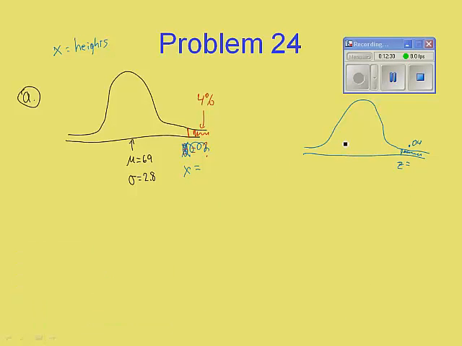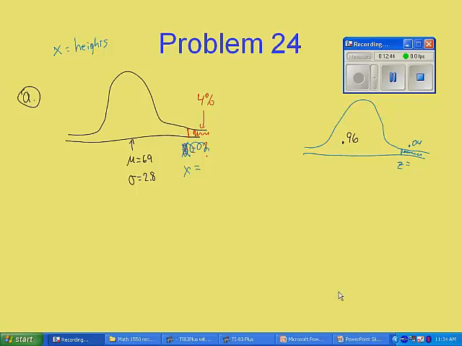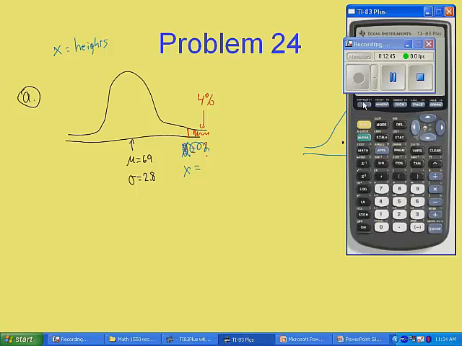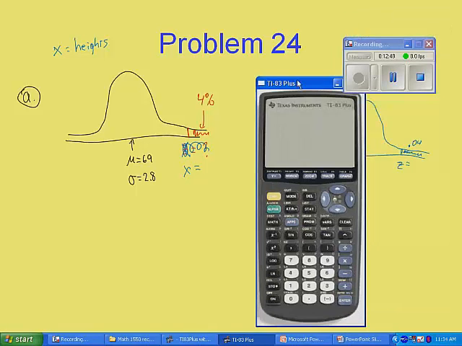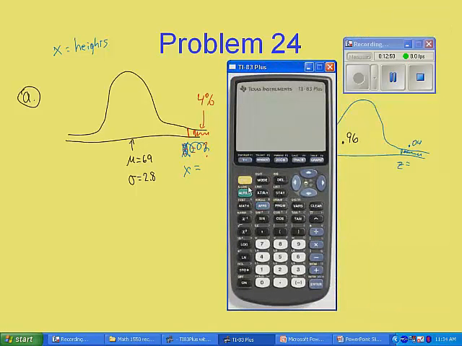So this is 0.96. You can look in your table now and find what z value goes along with 0.96. Or, do you remember how to do this on the calculator? We're going to do inverse norm. Inverse normal distribution is what that really stands for.